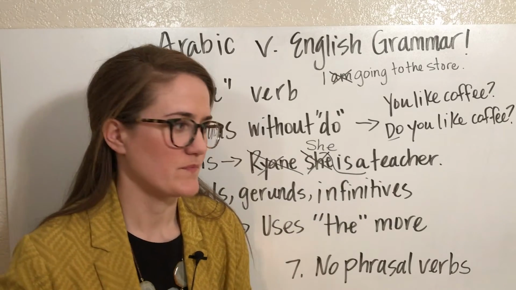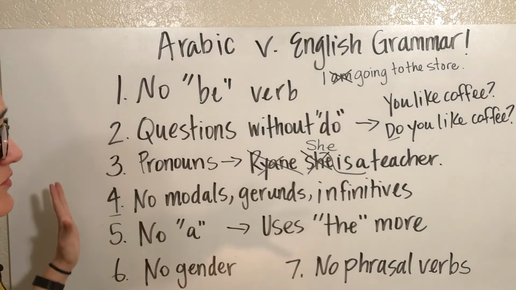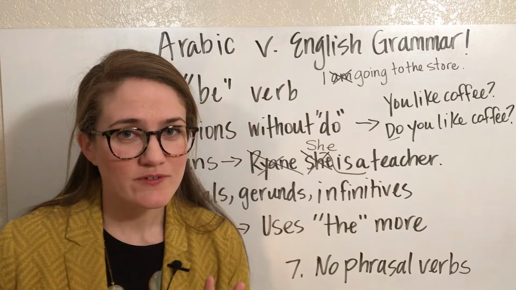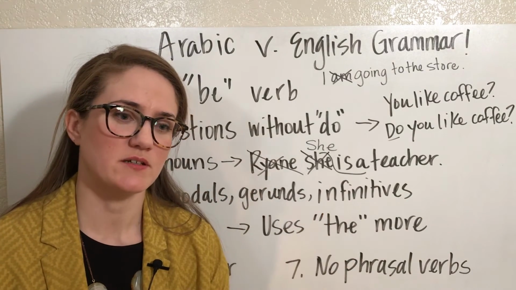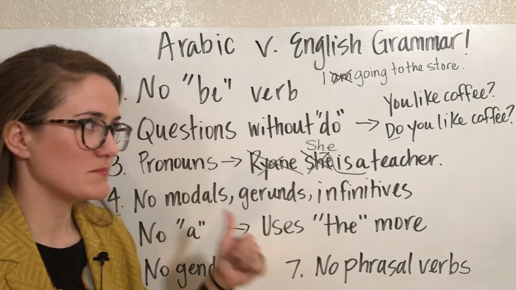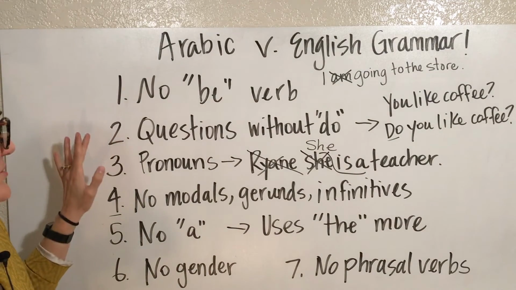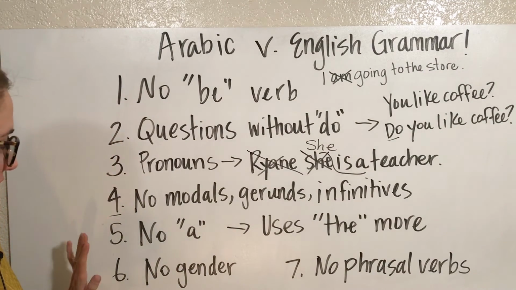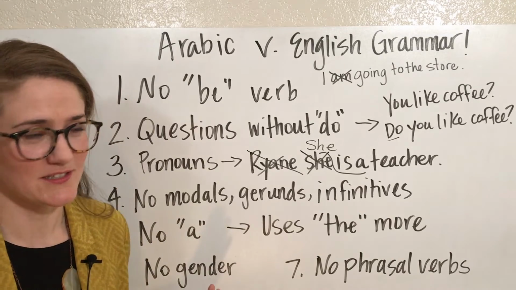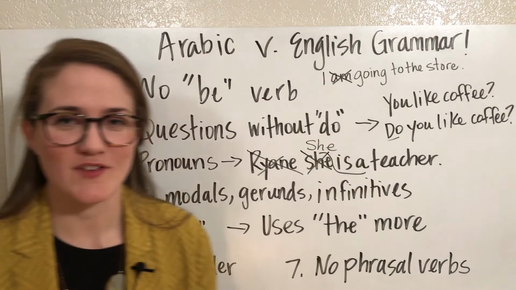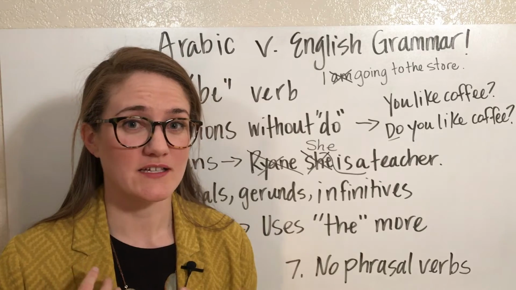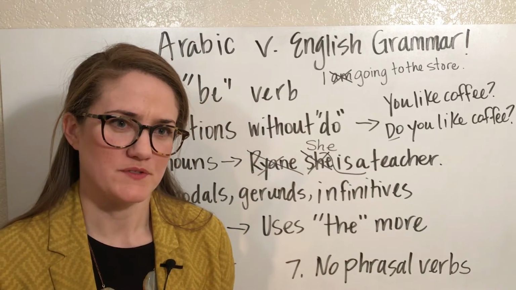So overall, this is not every little difference between Arabic and English, but these are the main parts. And especially number 1, 2, 3, and 5 give my students in my class the most problems.